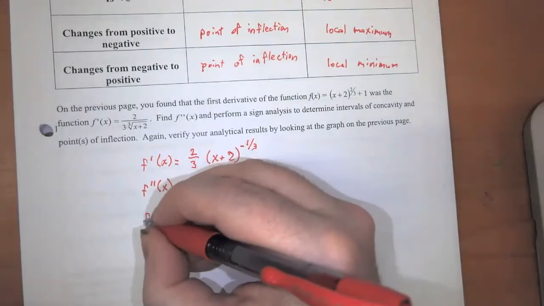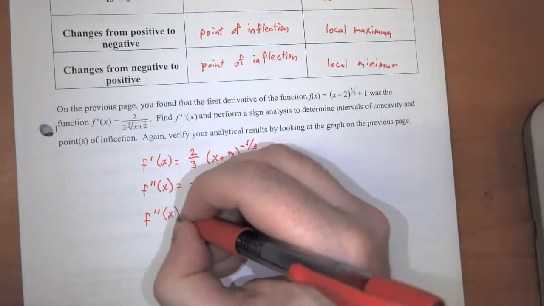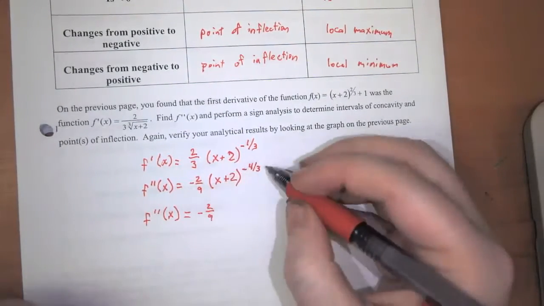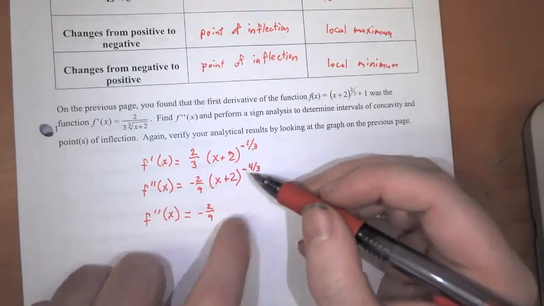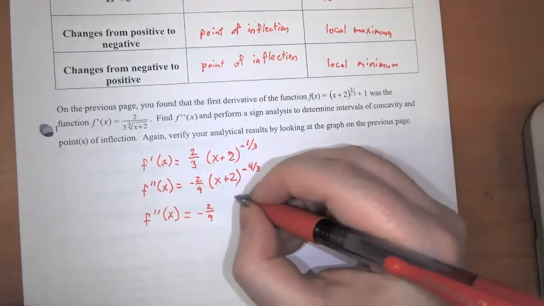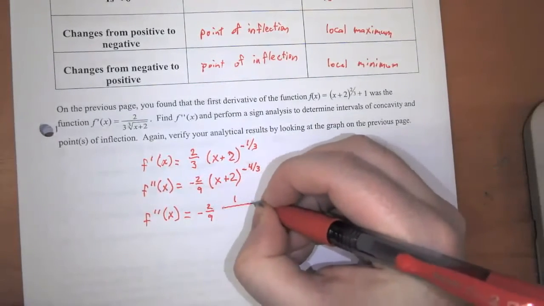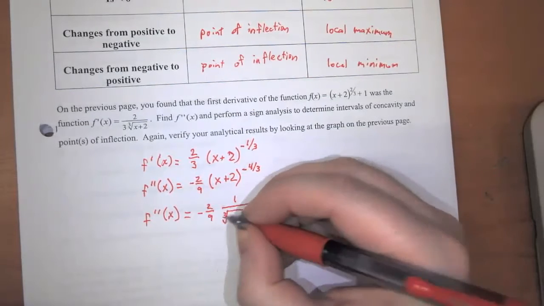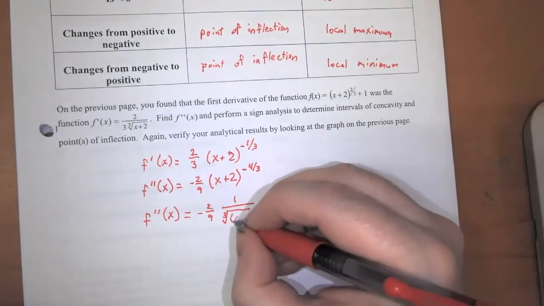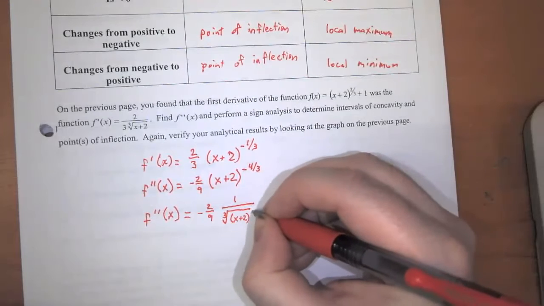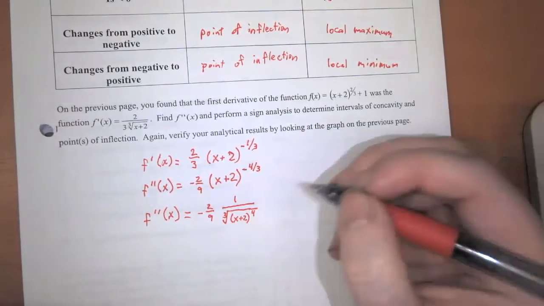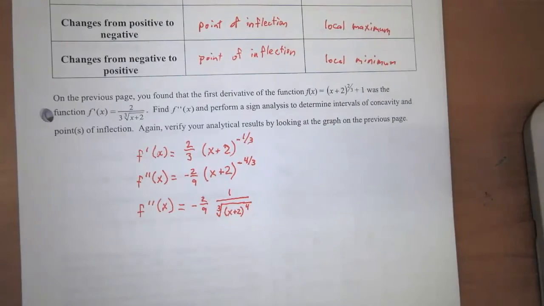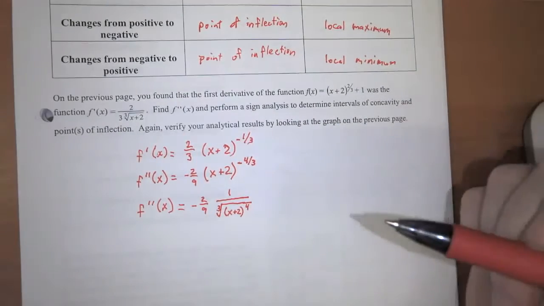And just to make that look a little bit cleaner and make it a little bit obvious how we want to figure out where this is positive or negative, I want to write this as the cube root of x plus 2 to the 4th power. All right, so that's using all of our exponent rules, taking exponents back to radical form.